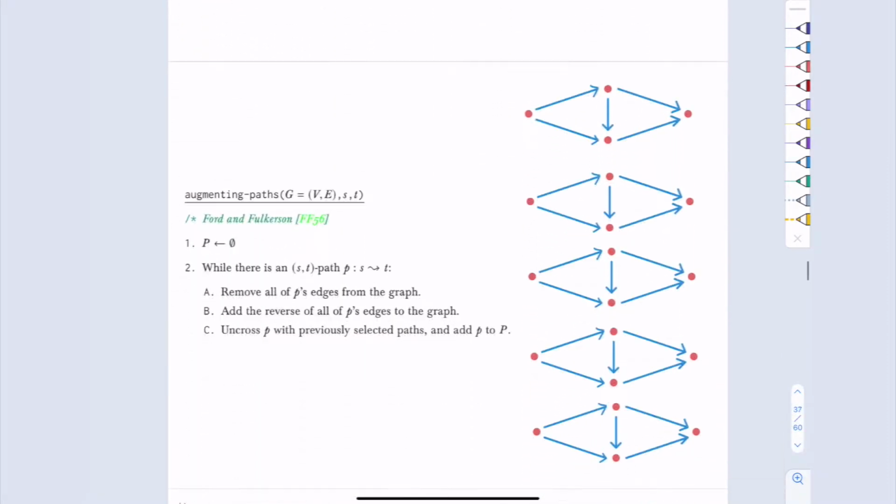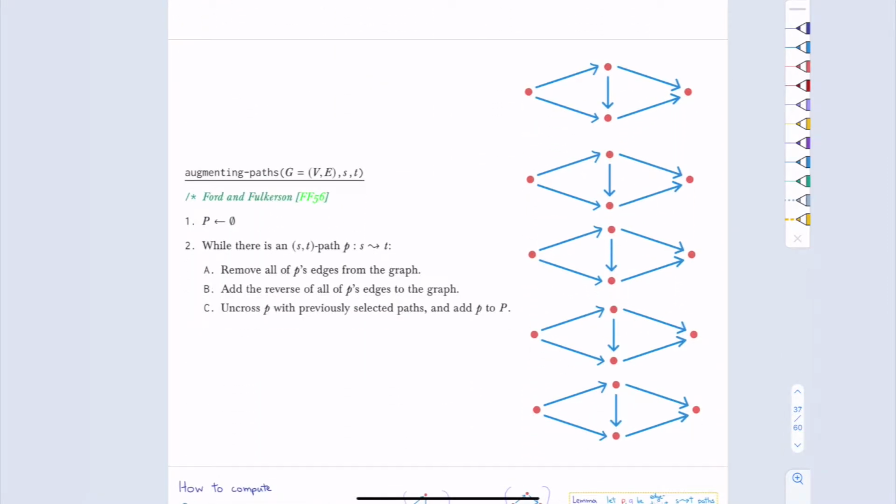Okay, so here then is an example. All right, so bad case: I choose the wrong path. But what we're going to do is, yes, I'm going to delete those edges initially, but I'm going to add back the reverse.